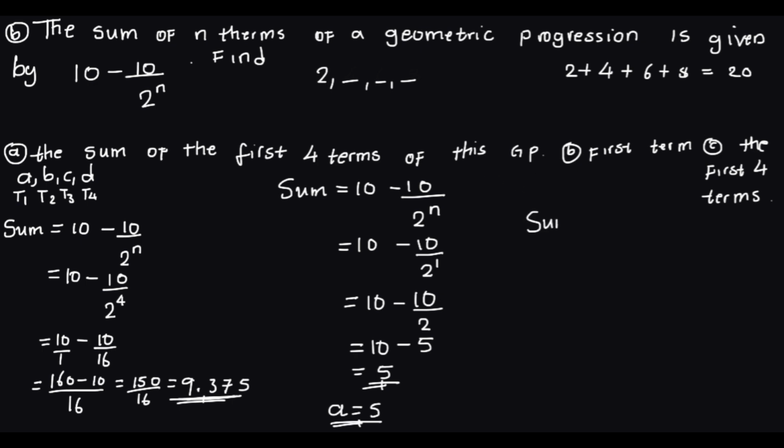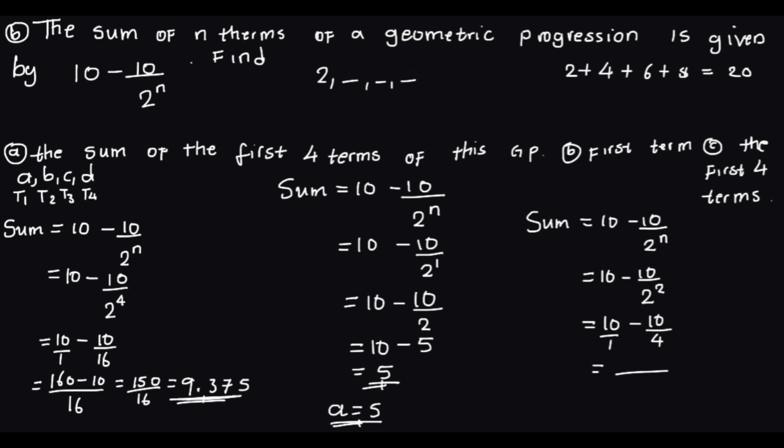So sum of the 2 terms, the same formula. So it's 10 minus 10 over 2 raised to the power n. So it's 10 minus 10 over 2 to the power 2. So we are trying to find the sum of 2 terms. So 10 minus 10 over 2 raised to the power 2 is 10 minus 10 over 4.